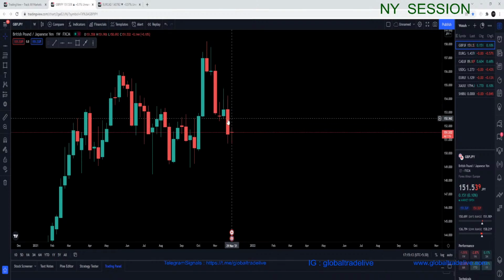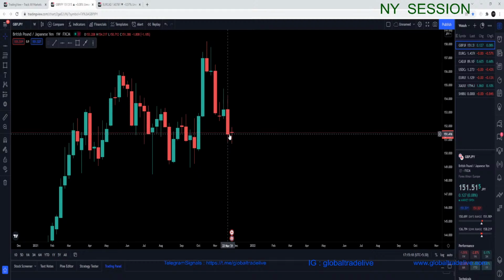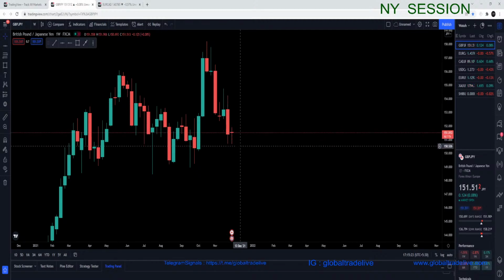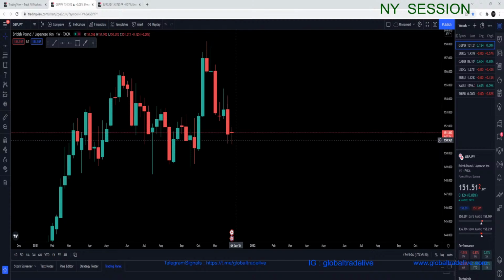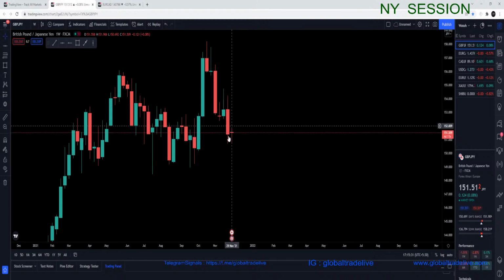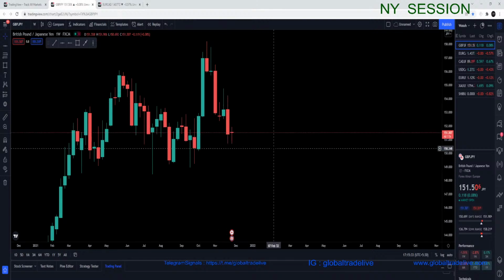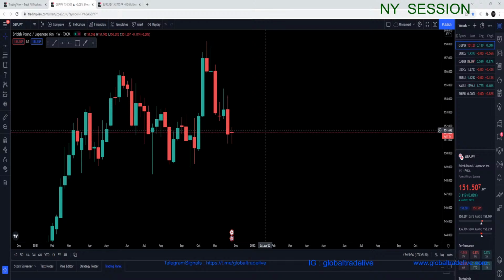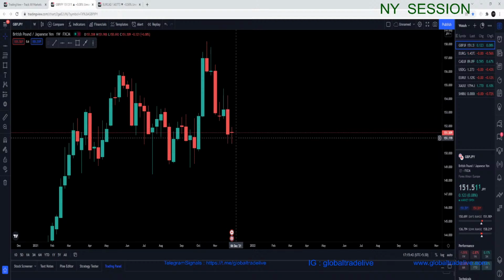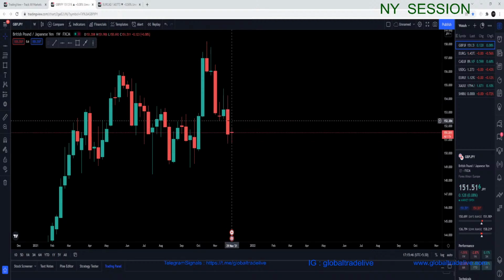The current week's candle started above the closing of the previous week's candle, and this candle has come all the way down, tested the low, and now it has rejected these lower prices over here. So right now, weekly is not very clear for me. I cannot say whether it will be going up or down, but what I think is it will be going up first to test these wicks over here.